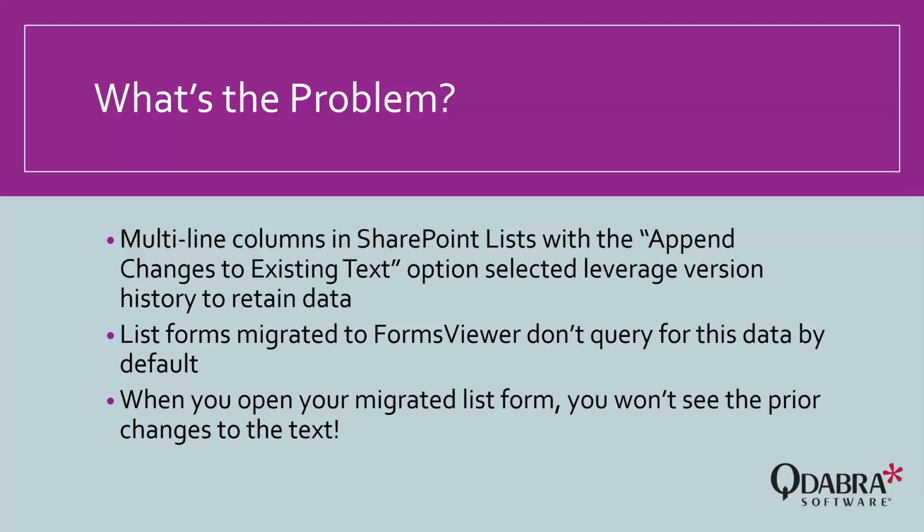So when you open up your migrated list form, you won't see the prior changes to the text like you had been seeing in InfoPath Forms Services. And of course, your users are used to seeing those changes. Your users expect to see those changes, and we want to show them, because otherwise, what's the point of keeping that version history and appending changes?